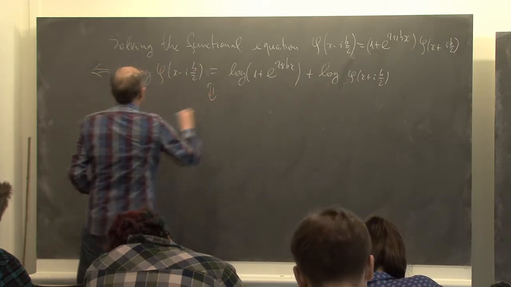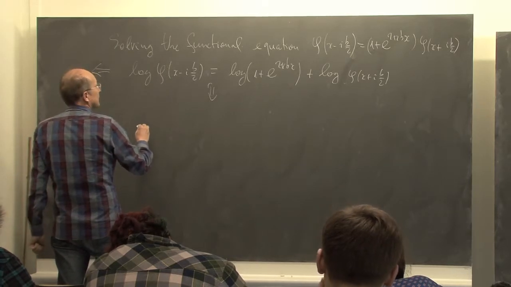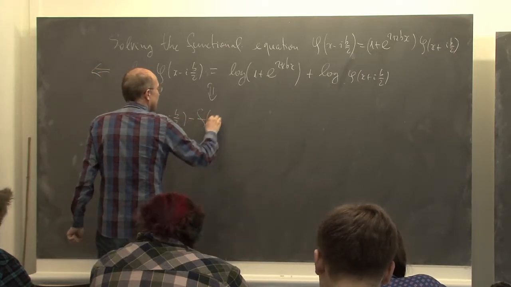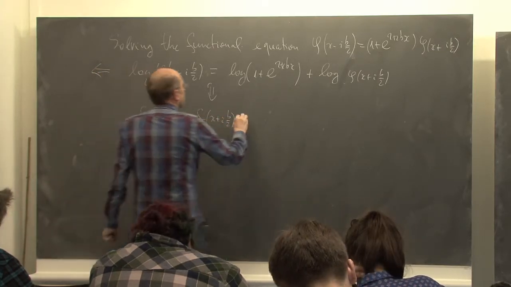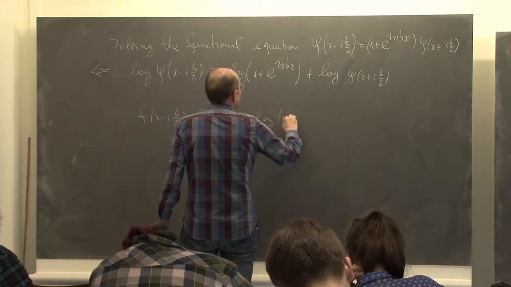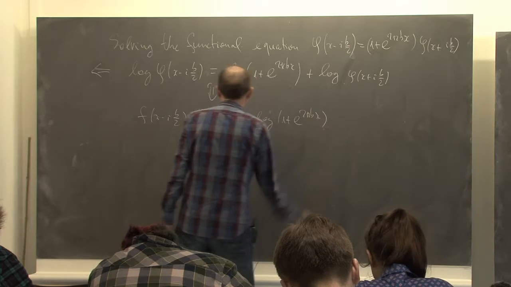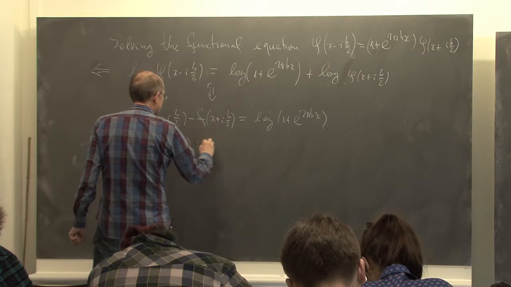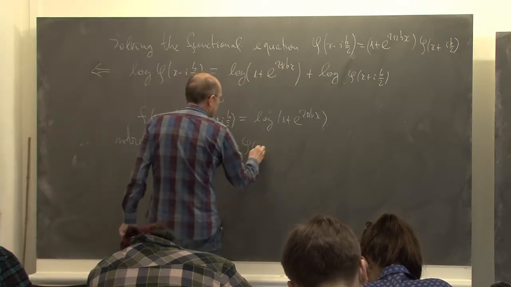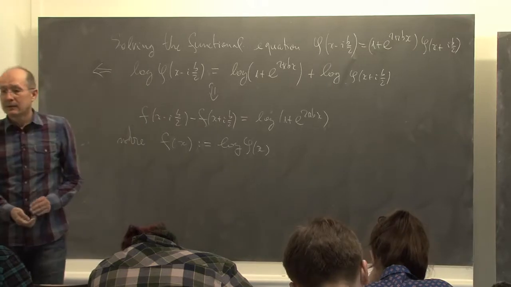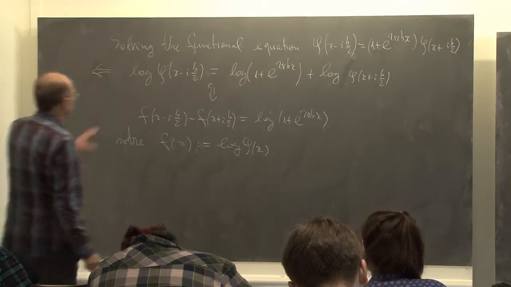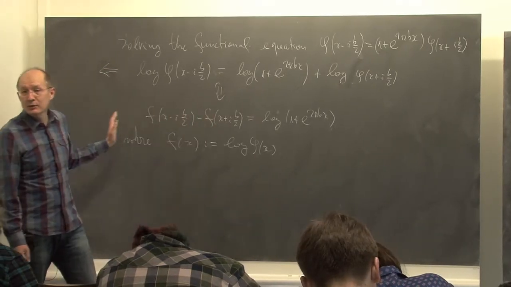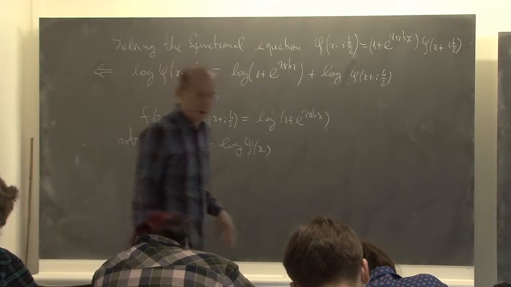Now, this is equivalent to, say, f of x minus ib over 2 minus f of x plus ib over 2 equals log of 1 plus e to the 2 pi bx, right, where f of x is a notation for log of phi. So you see that here we have a huge advantage that there are no non-trivial coefficients in the equation. It's a different equation with constant coefficients.